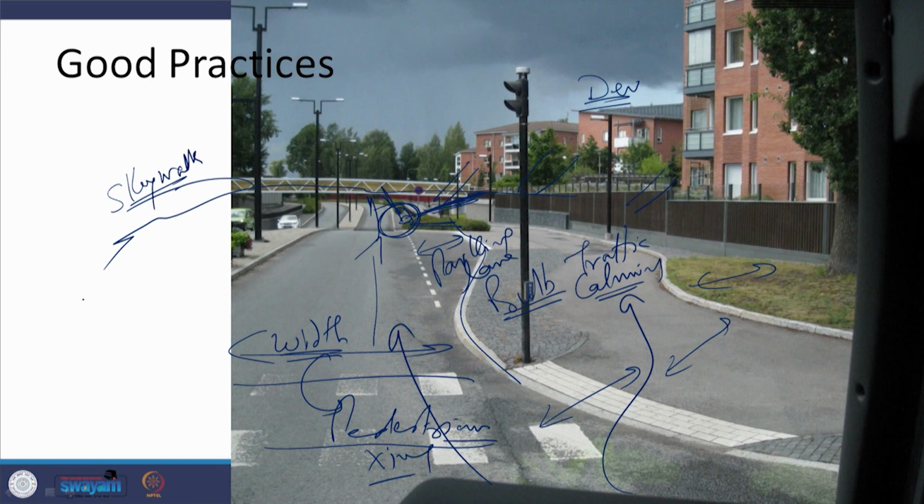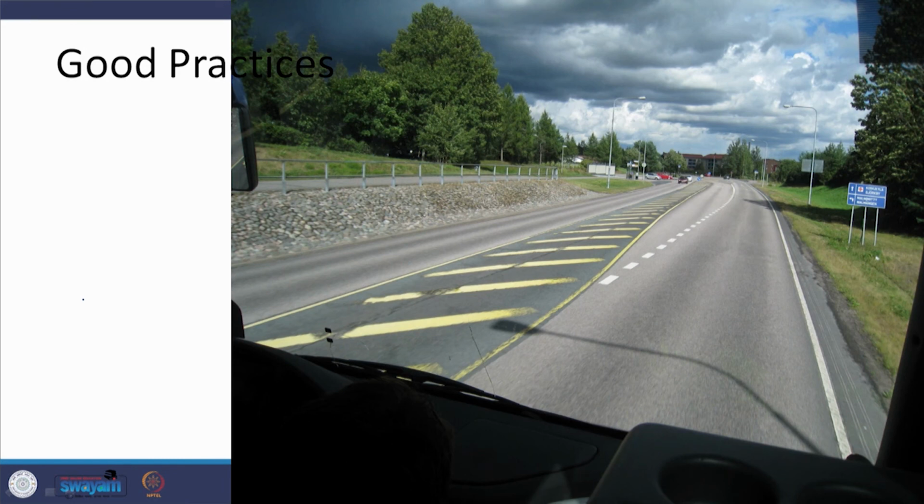In this case, what we can say is that there is a wide flush median, but it has been provided with the yellow color strips. So, we have the yellow color edges as well as the diagonals which are also yellow in color, that defines the restriction that the vehicle cannot come in this area.